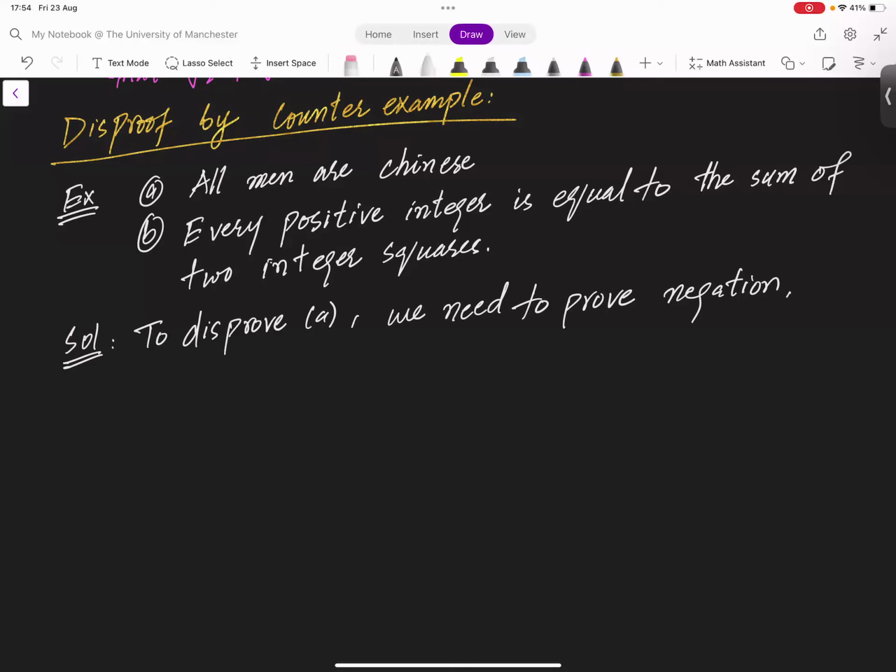And the negation for A is what? Not all men are Chinese.